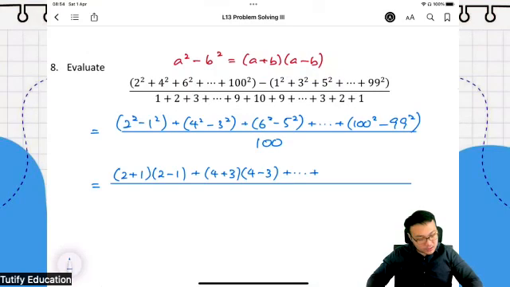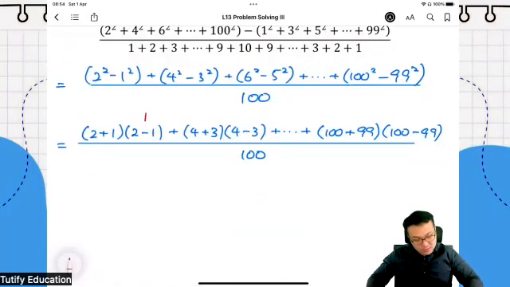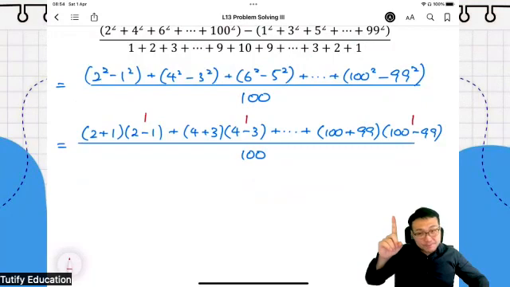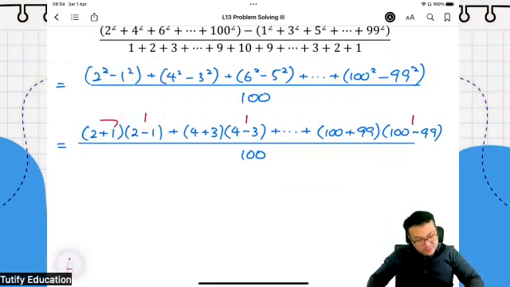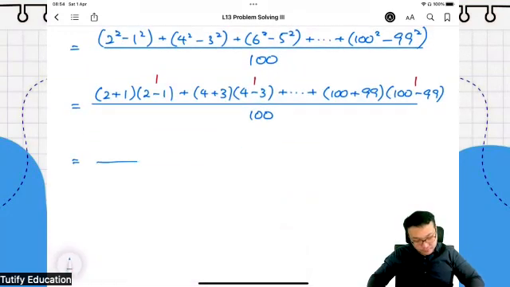All the way until the end, a plus b, a minus b. Now, you realize something, students. This is 1. 4 minus 3 is 1. This one is also 1. Everything will become 1. What is 1 times 2 plus 1? 1 times 2 plus 1 is just 2 plus 1.